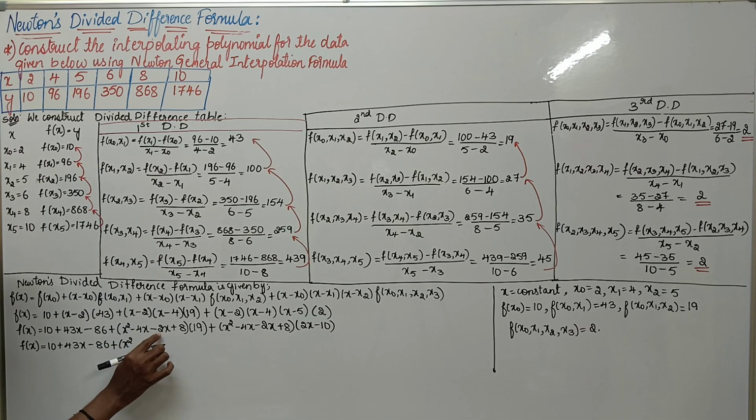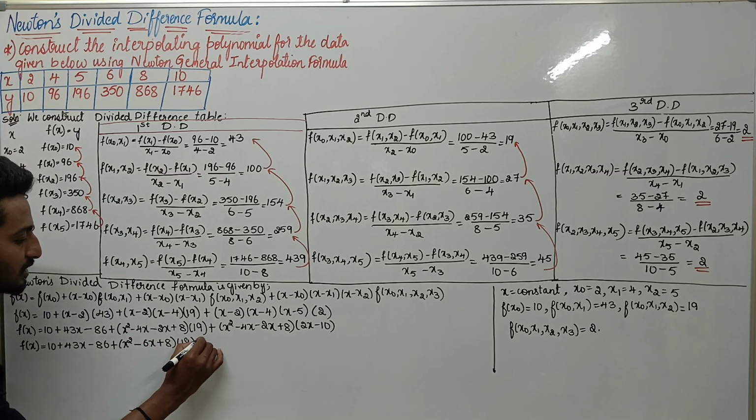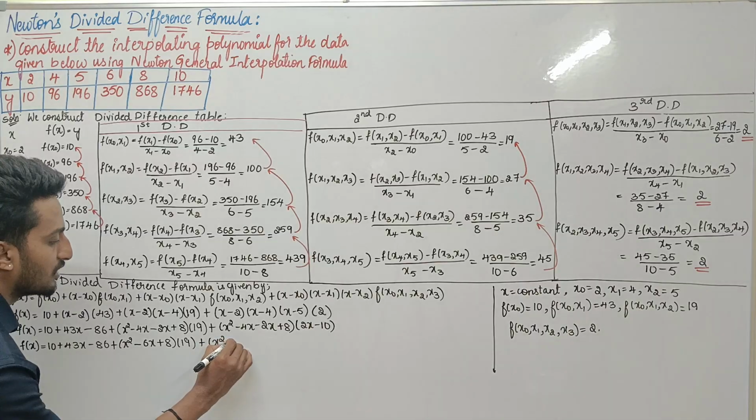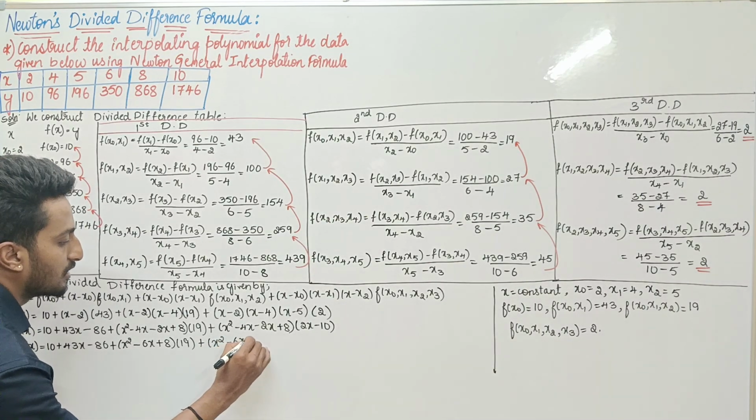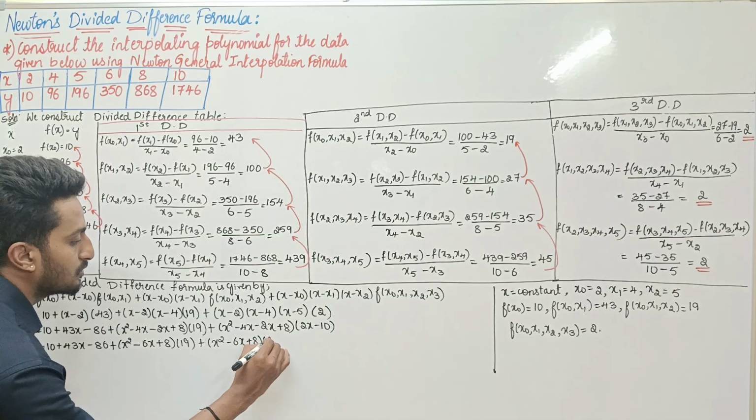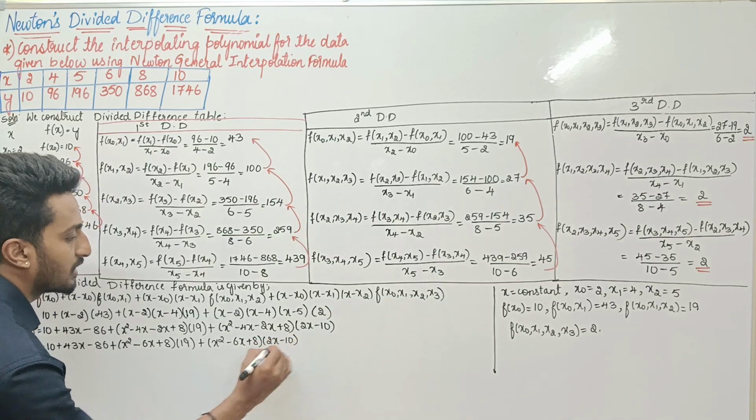The next step is f of x is equal to 10 plus 43x minus 86 plus x square minus 4x minus 2x, that is minus 6x plus 8, into 19, plus x square minus 6x plus 8 into 2x minus 10.